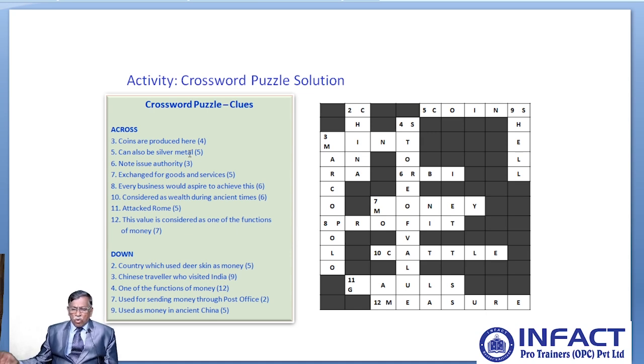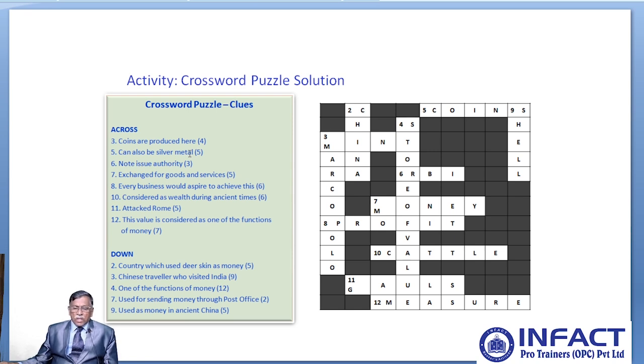So if you have more cattle, you are the big man in a village. Then goes to number 11. Attacked Rome. Who attacked Rome? It's a person by the name Gauls, G-A-U-L-S, Gauls. He is the guy who attacked Rome. Then this value is considered as one of the functions of money. That is measure. So with the money you can measure how much you have.